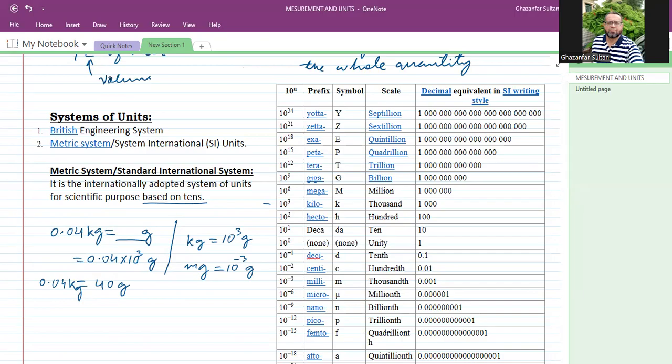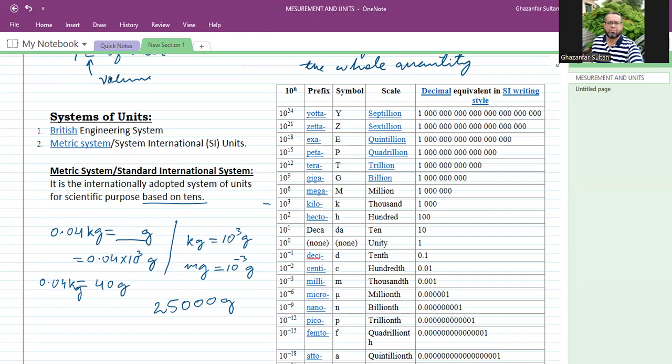For example, if quantity is given, for example, 25,000 gram. So better to use, instead of gram, you should use kilogram.